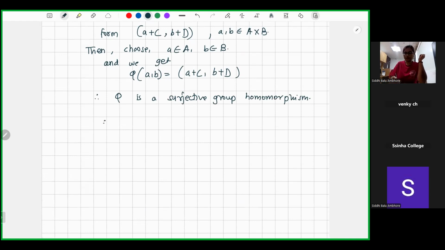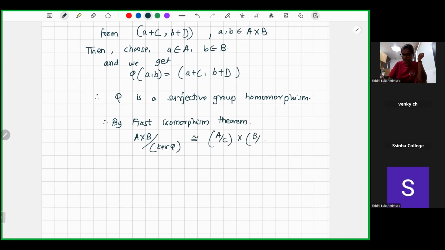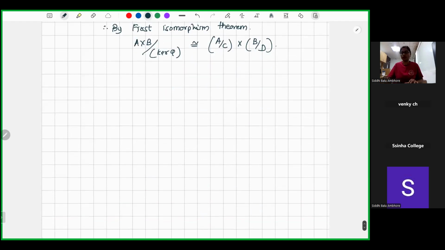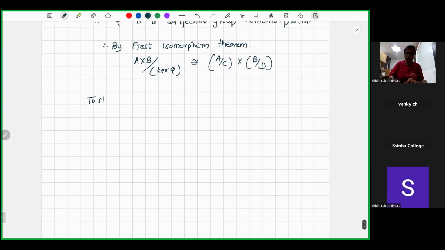Okay, so by the first isomorphism theorem, A cross B quotient the kernel of phi will be isomorphic to this. So what we need to do now is to show that the kernel of phi is C cross D. And is this true?